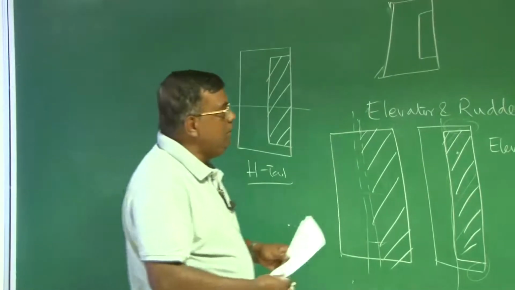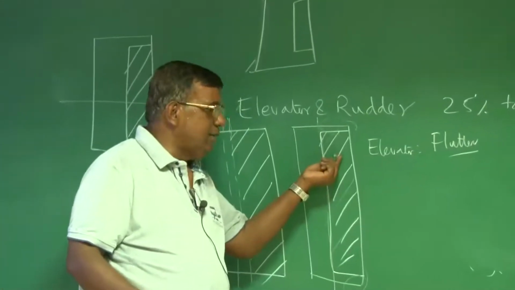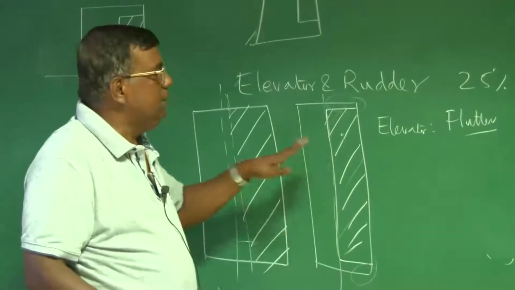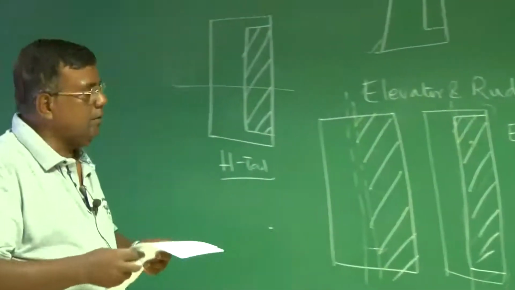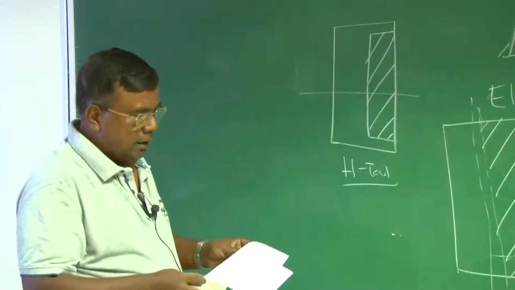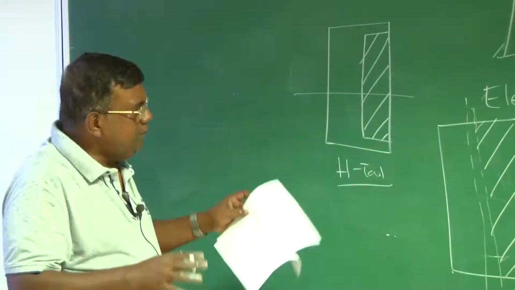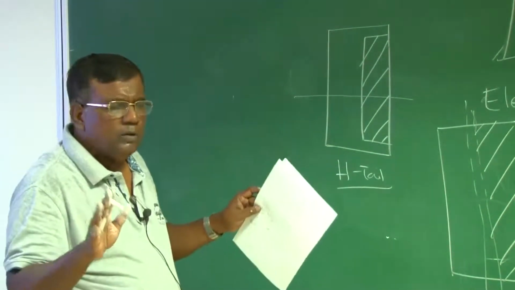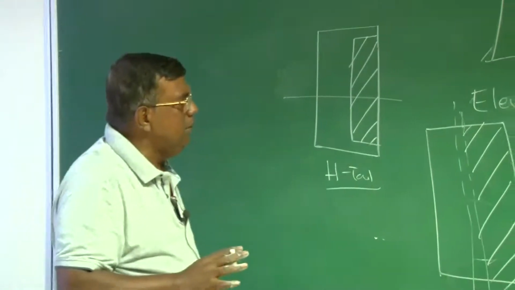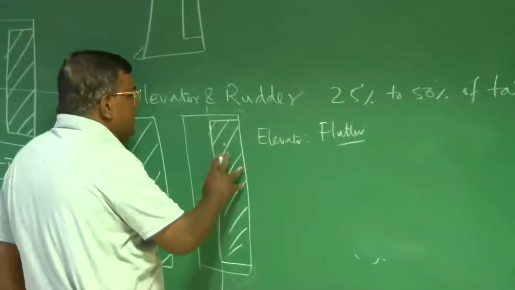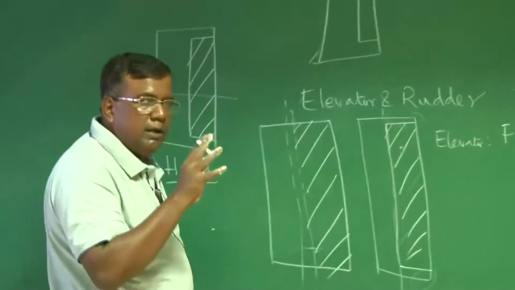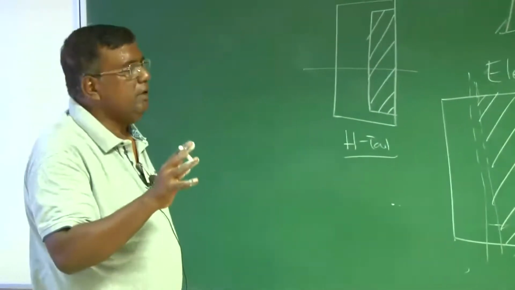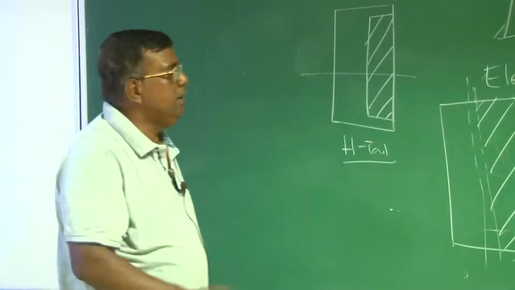In a sense, we want to see that this effect is neutralized. We will talk about those things. We have spoken about that in our stability classes earlier, but this is for the conceptual. You need not bother about those things. You are more bothered about how much should be the elevator area I should keep once I have got a horizontal stabilizer area. That's all, right?